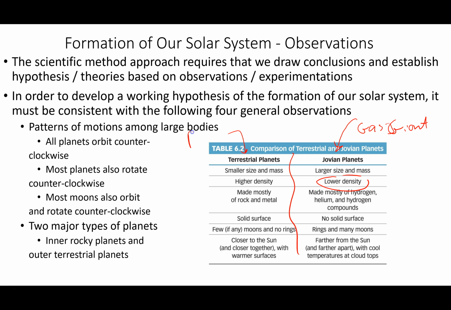Terrestrial are our rocky planets. So Jupiter's just a big cloud, pretty much. It gets more and more compact as you go closer to the center of Jupiter, but the outer parts are clouds. You can't actually land on it. You just can't go through it.